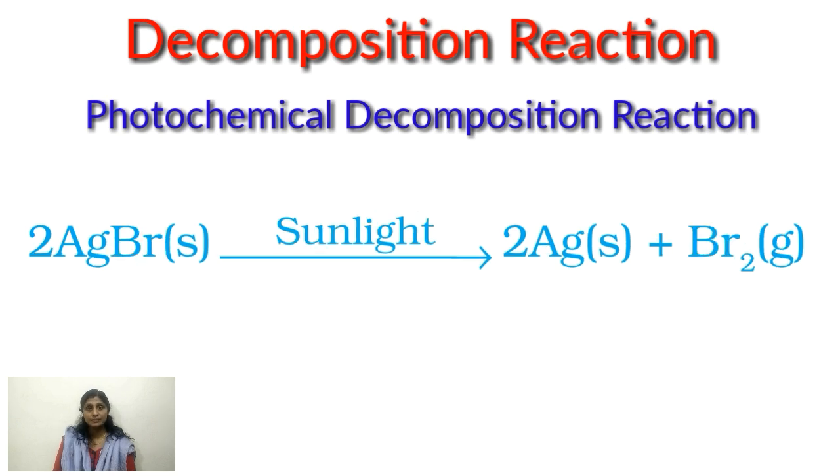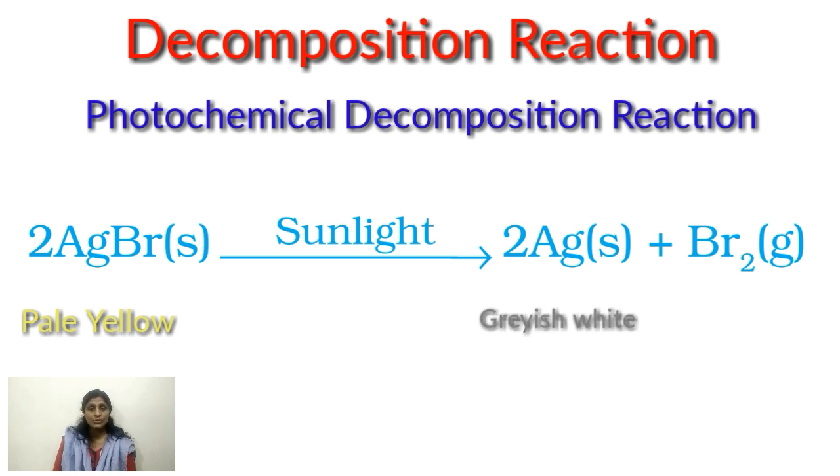Next example, silver bromide also behaves in the same way. That is 2AgBr, when exposed to sunlight, you are getting 2Ag solid plus bromine, Br2 gas. In this reaction, pale yellow color of silver bromide changes to grayish white silver metal.